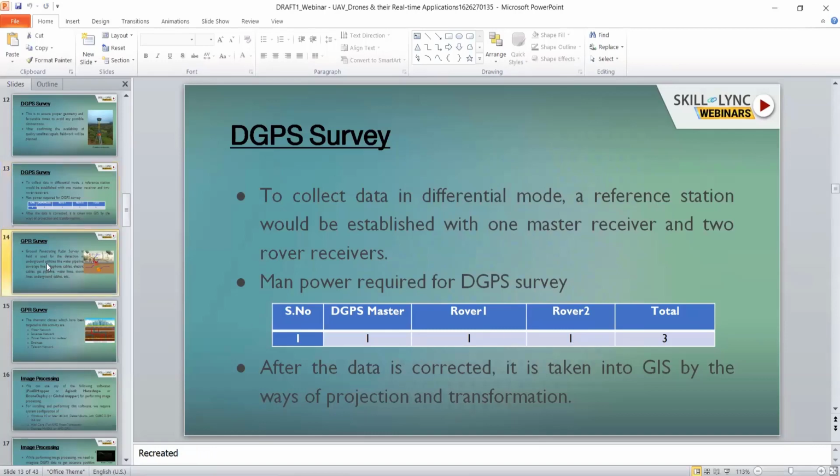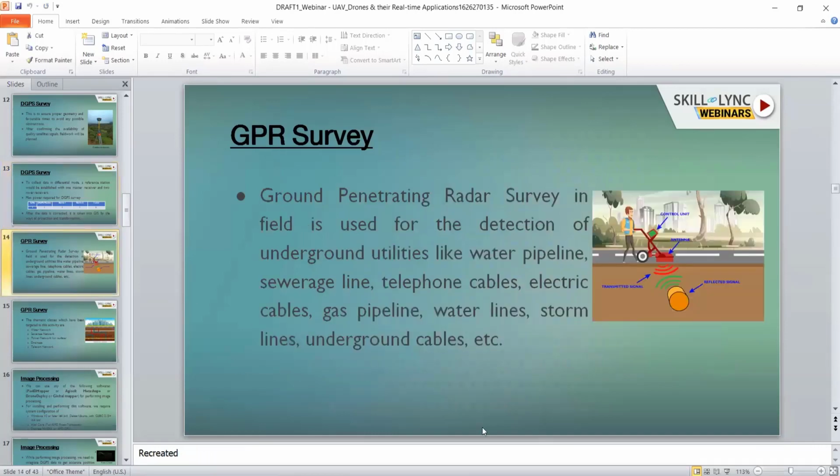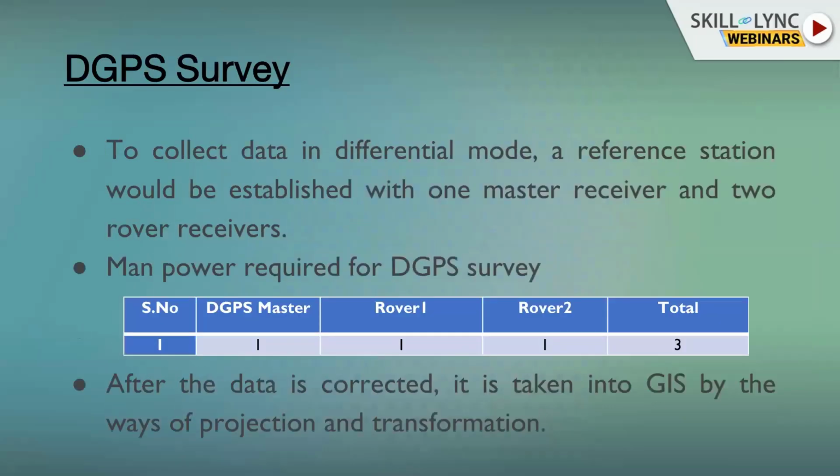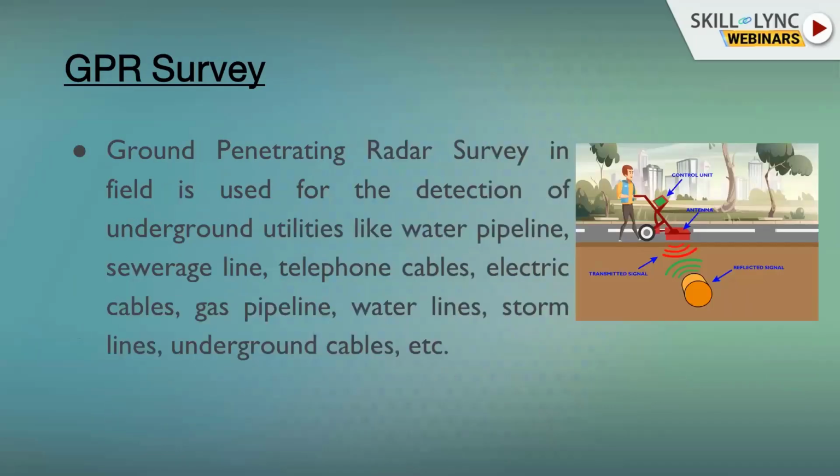The next one is the GPR survey. GPR survey is mainly used for cables or lines present underneath the ground. While doing utility mapping or gas line mapping, the important thing is to visualize how the cables are structured beneath the earth.